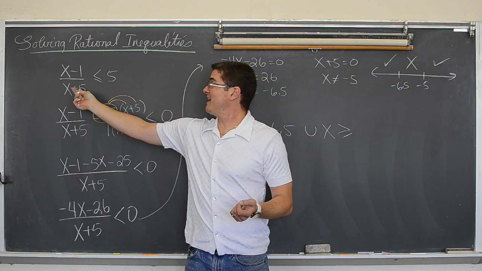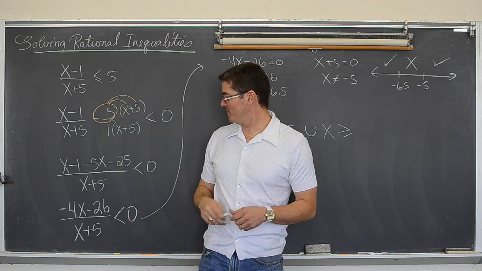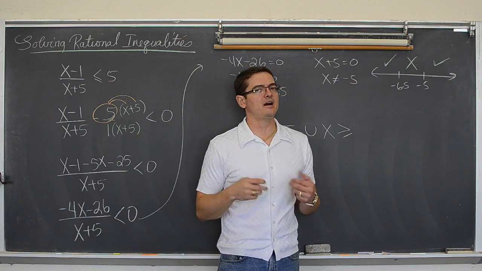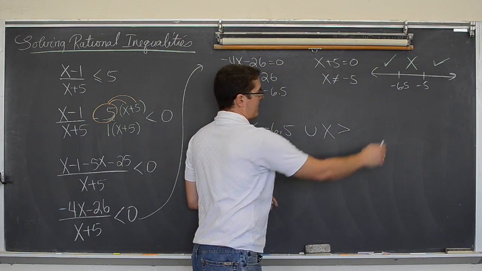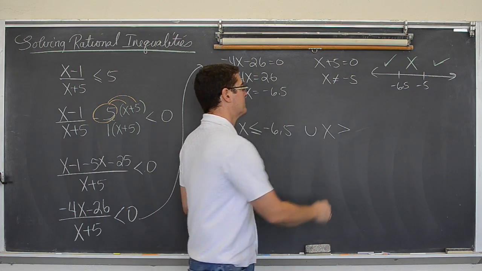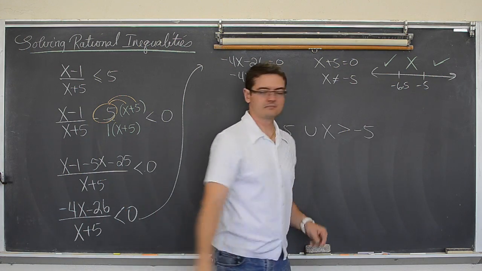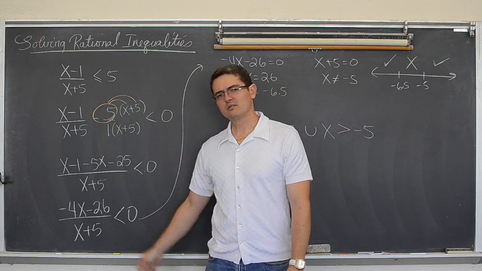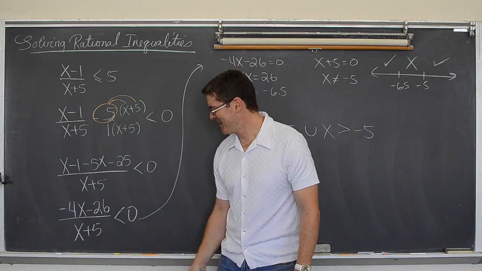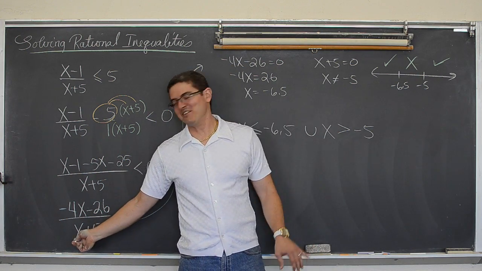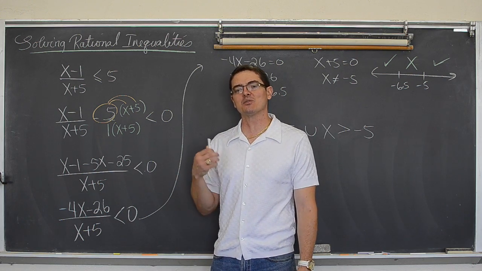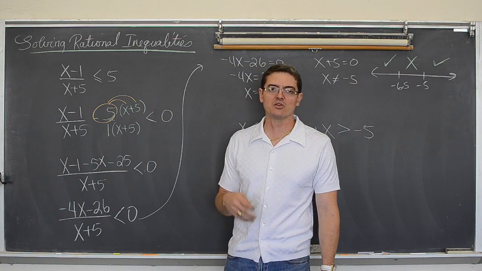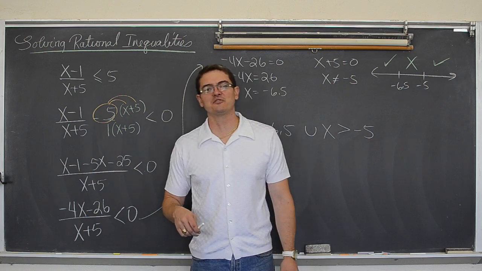I can't plug in negative 5. So that's going to be greater than negative 5. I can't plug in negative 5 because negative 5 plus 5 is undefined. So I cannot use a value or say that a value is a solution if it makes the inequality undefined.